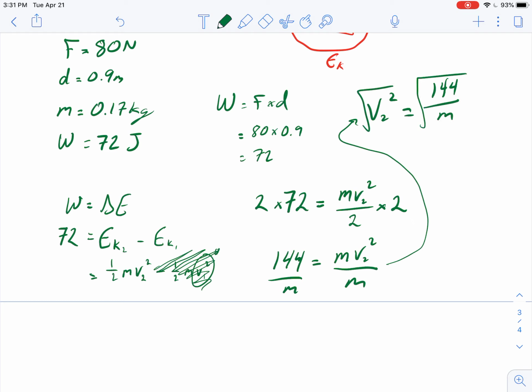Square root both sides. v2 is equal to the root of 144 divided by m, which is 144 divided by 0.17 kilograms.